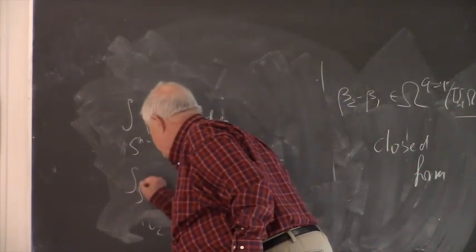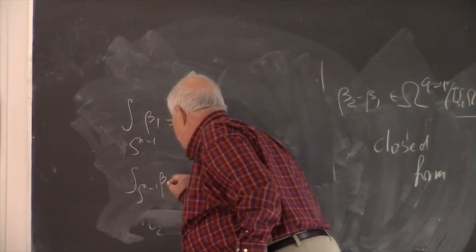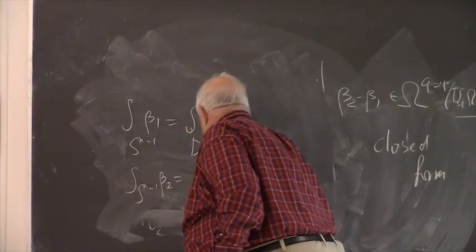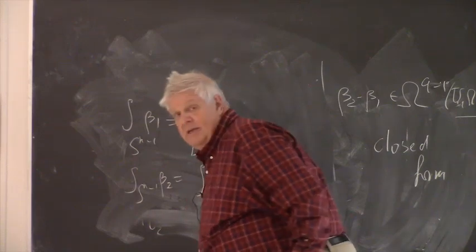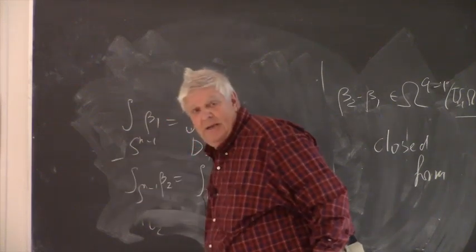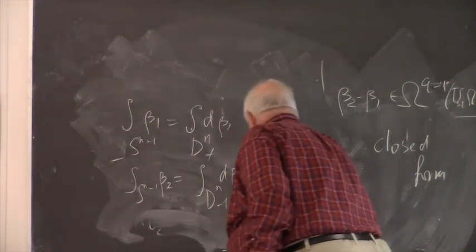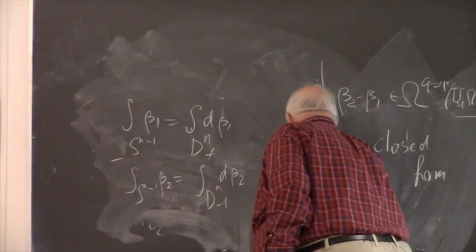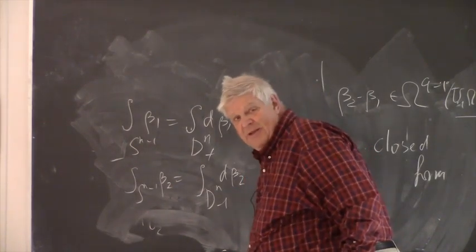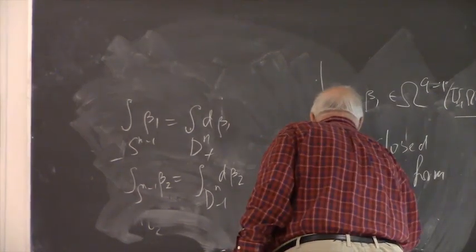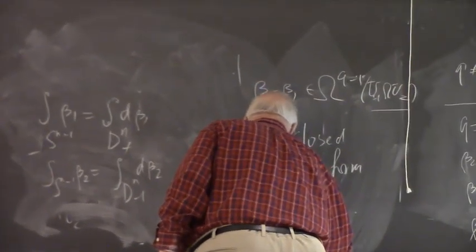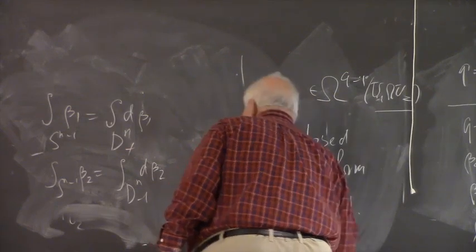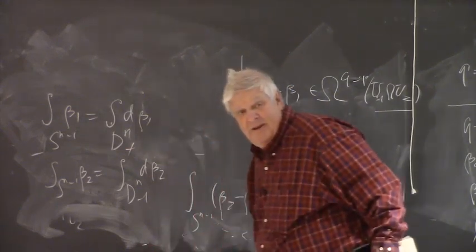The integral of beta 2 is the same over D n minus. Take the difference. And you will have that the integral over S n minus 1 of beta 2 minus beta 1, I should take the difference in that direction, is the same as the integral over D n plus minus the integral of D n minus of alpha, actually. This is alpha, both.